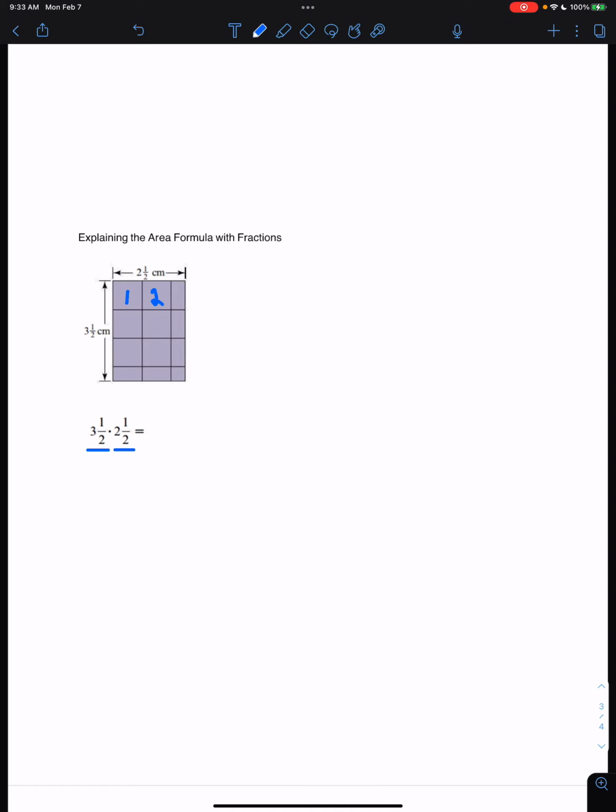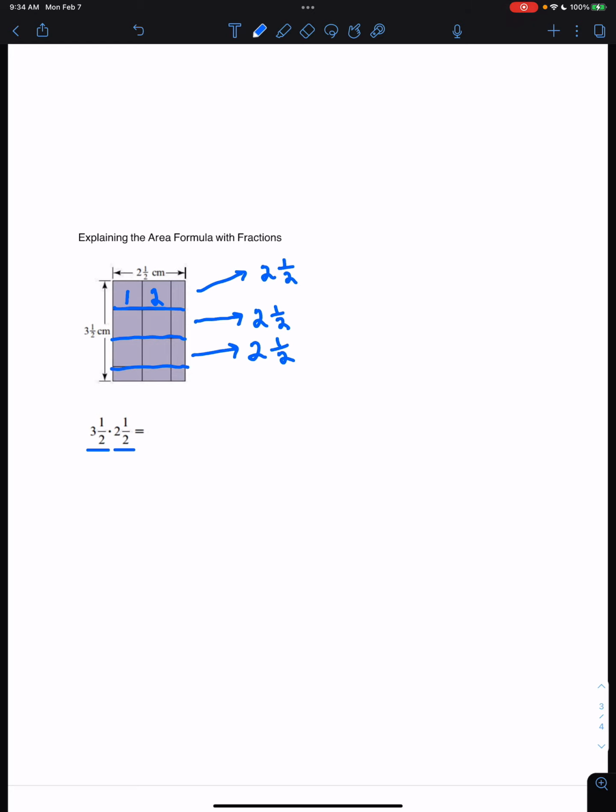So really what we're dealing with in each row, just like we did before, we can break this into rows, and we have here 2.5 boxes, squares. Here we have another 2.5 squares. Here we have another 2.5 squares, and here's where it gets tricky.